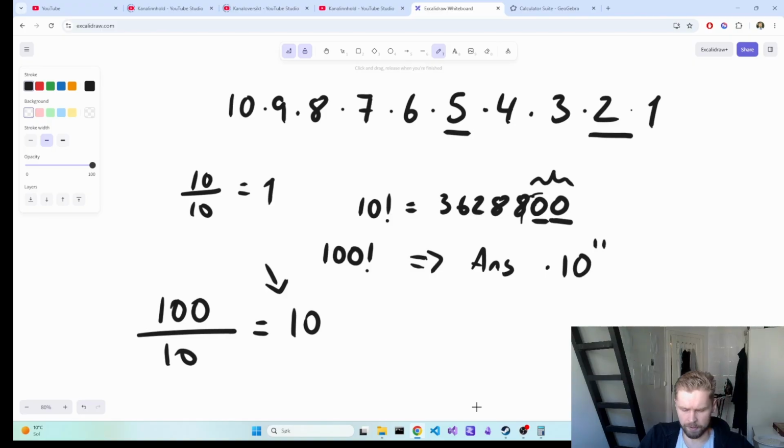How many zeros at the end of 100 factorial?